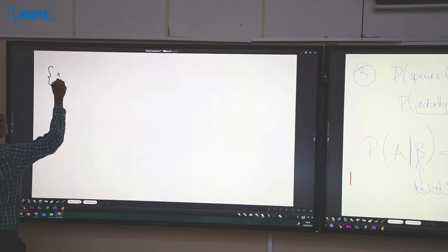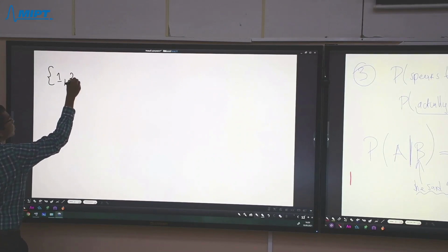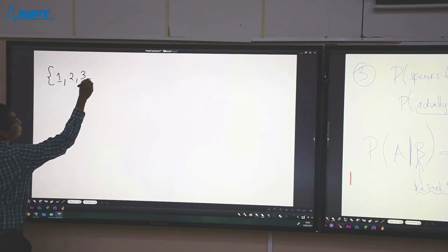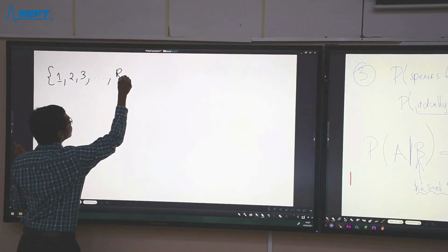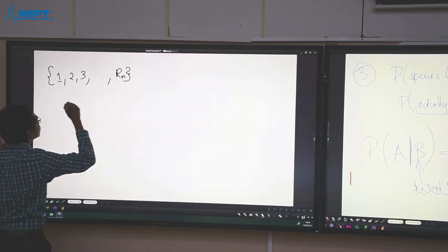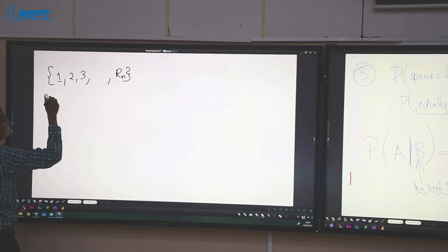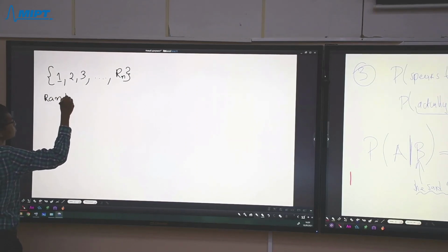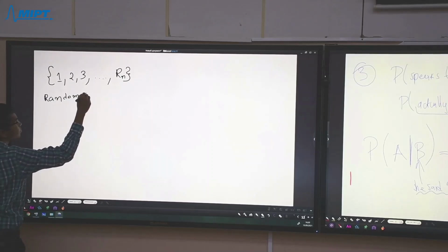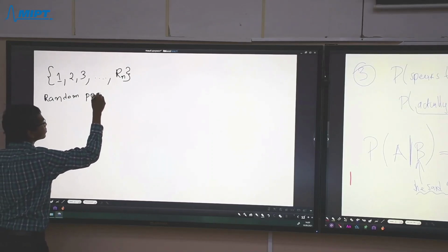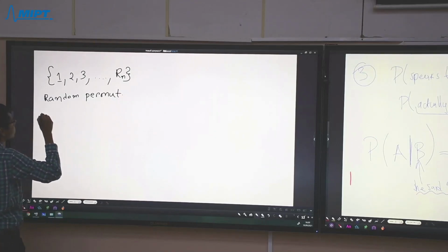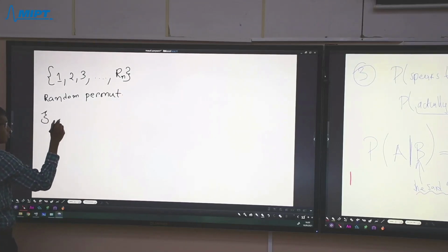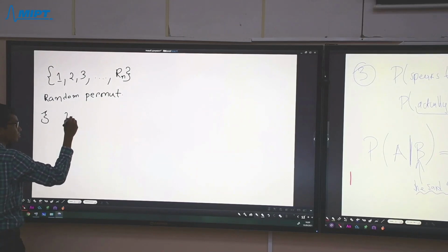Yes. Number 5 is as follows. So we have a set, the numbers from 1 to n. And we have a random variable psi, which is equal to the number of elements of this set that remain in their places under random permutation. So somehow we change the positions of the numbers.